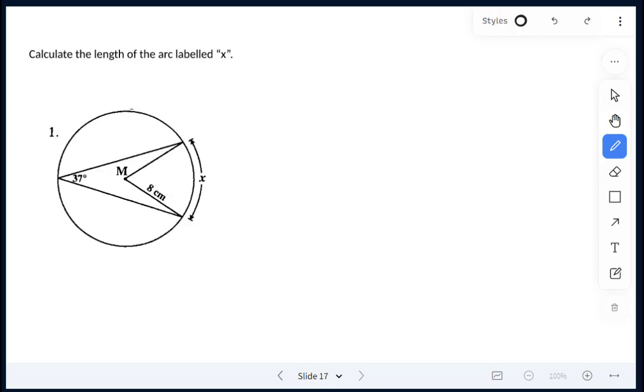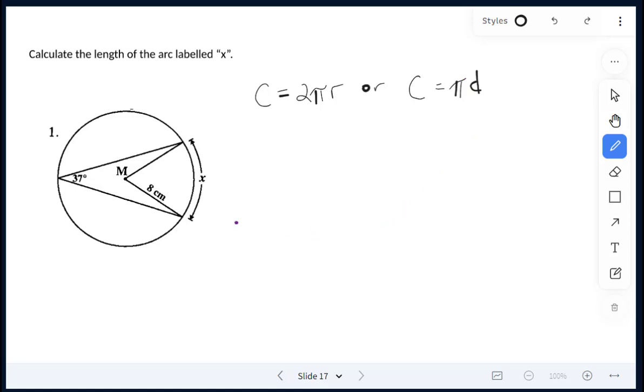All right, for a question like this, we're trying to determine the length of the arc. So the first thing we need to do here is use our circumference formula to figure out the circumference of the whole circle. 2 pi r or pi d are the formulas for circumference of a circle.